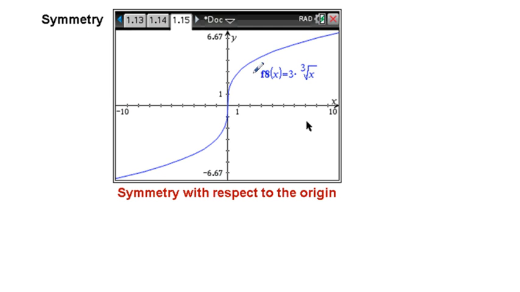The last one we're going to look at is symmetry with respect to the origin, and I like to call this rotational symmetry.